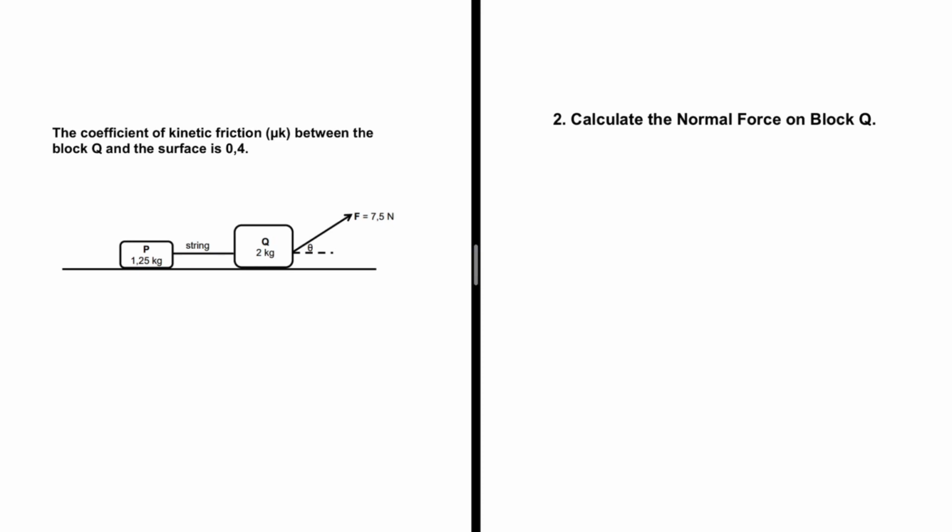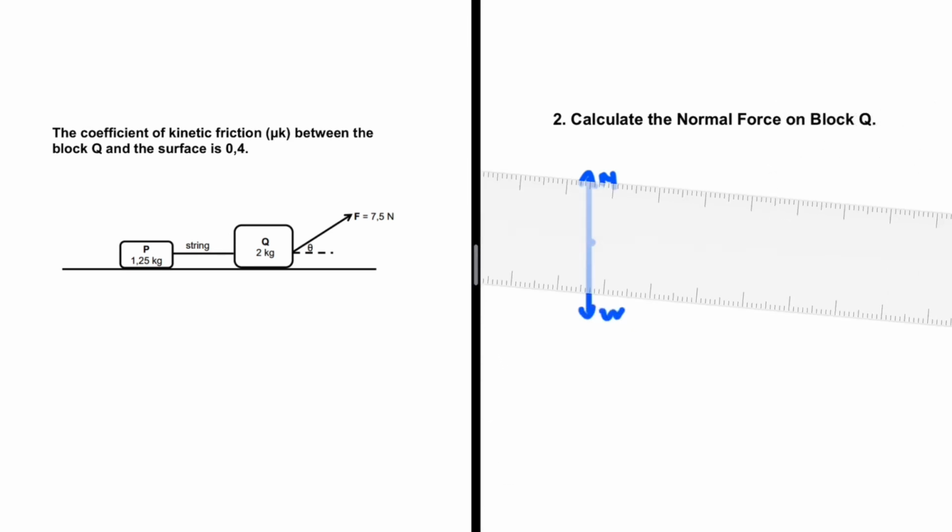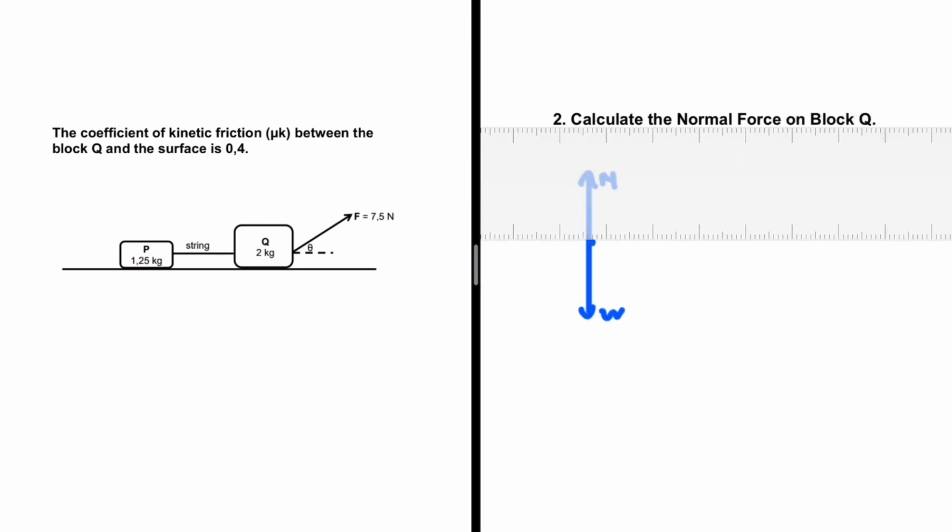So with block Q, let's go ahead and have a free body diagram. First things first, we need the weight, as it will always be there. And then we have the normal force, right? So this is the normal force and this is the weight. We have the tension, the friction, and the applied force.